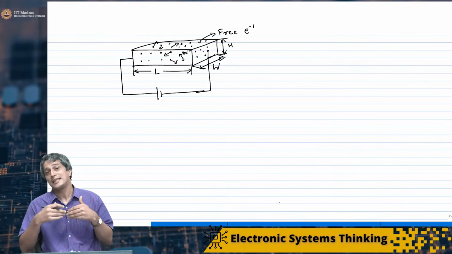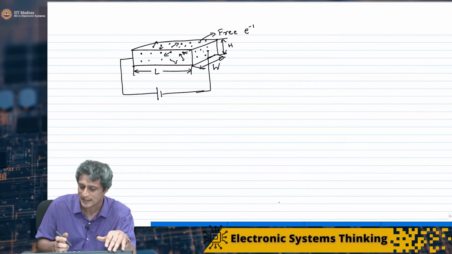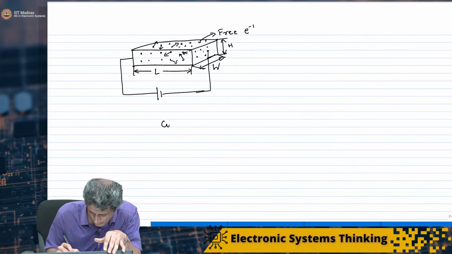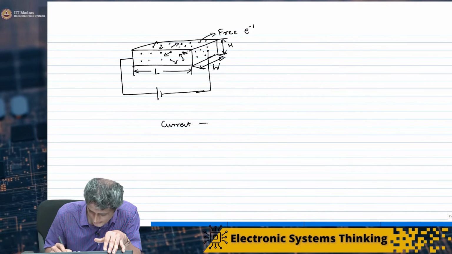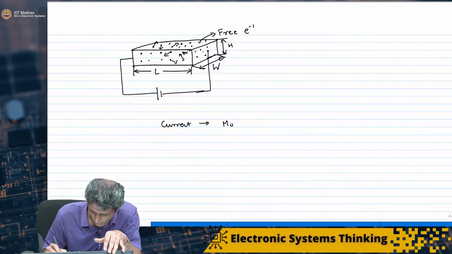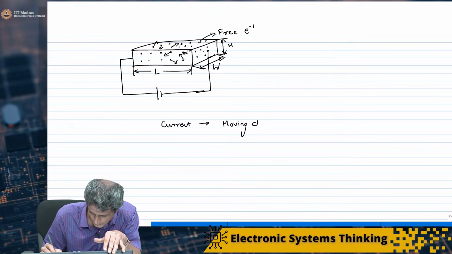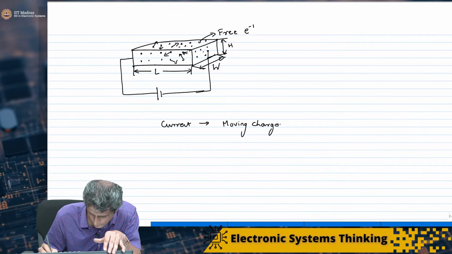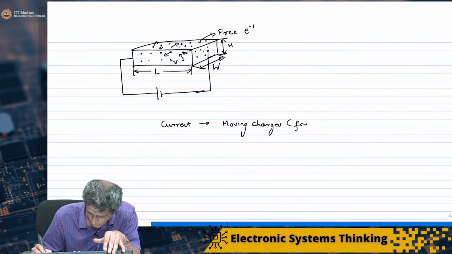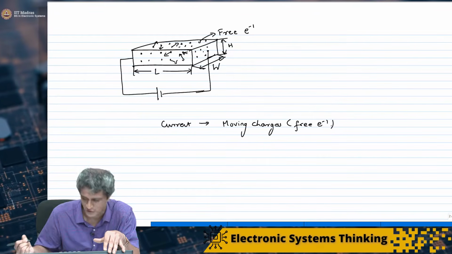That leads to what is known as a current, which is essentially because of moving charges, and here we can talk about free electrons.